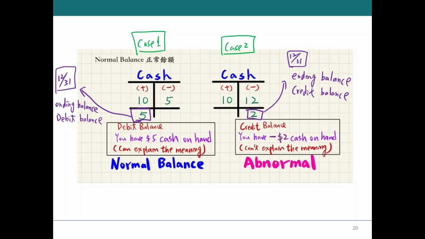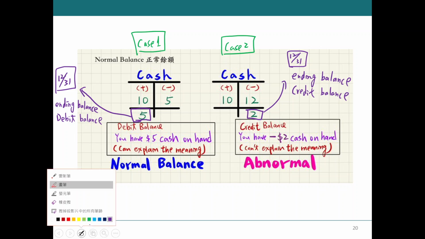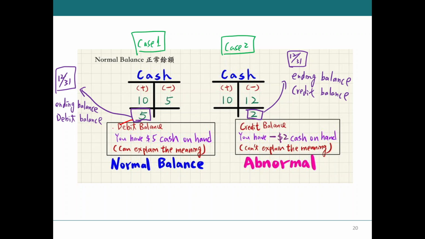After whole process, $5 is the result. Okay, so $5 result on debit side means that $5 is plus $5, right? Okay, like $2, what does it mean? Minus 2.